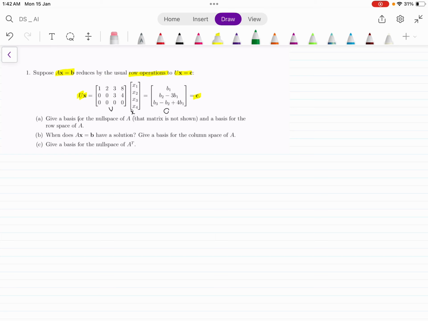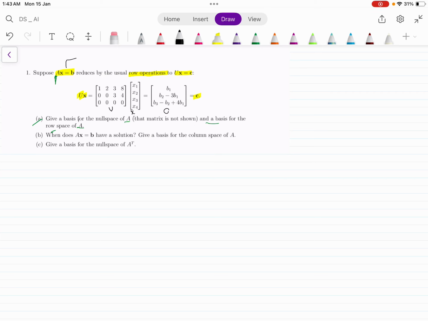And what we have been asked is, for A, give a basis for the null space of A, and the basis for the row space of A. So this question is basically pointing out what will be the effect on the four fundamental subspaces if you do the row operations.